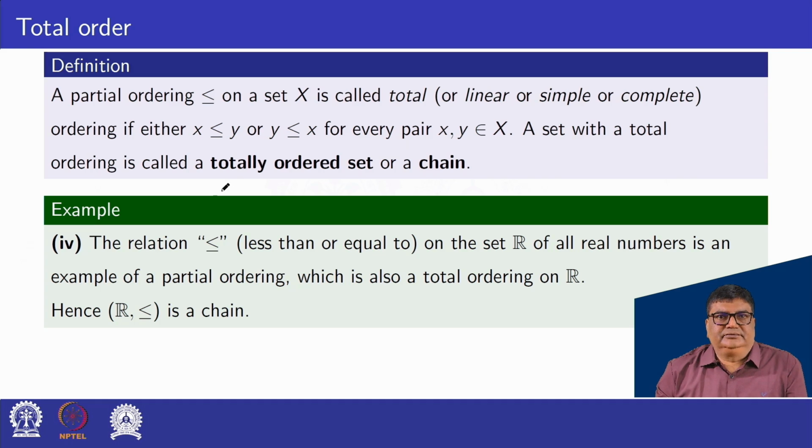For example, the relation less than or equal to on the set R of all real numbers is an example of a partial ordering, which is also a total ordering on R. Hence, the ordered pair R and less or equal to is a chain.